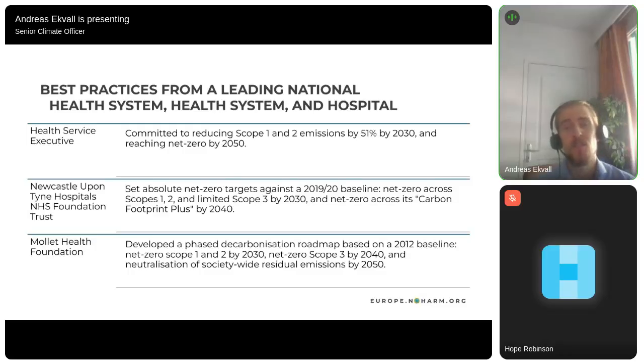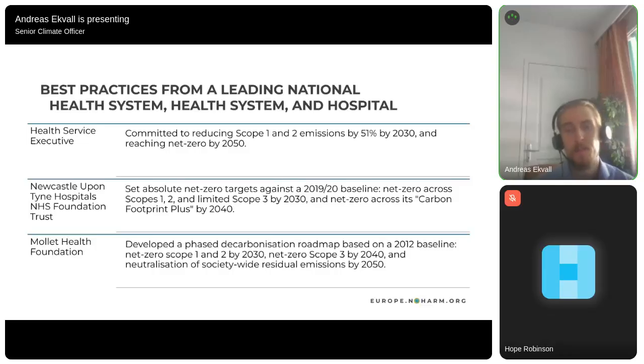Together, these institutions offer practical guidance on how you can use more advanced methods and tools to develop targets and track progress. These healthcare institutions also represent some of the most forward-thinking healthcare organizations out there.